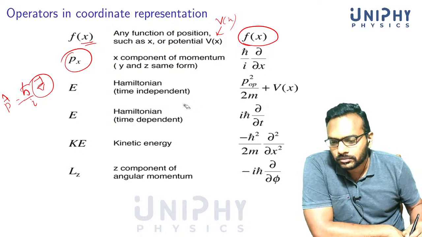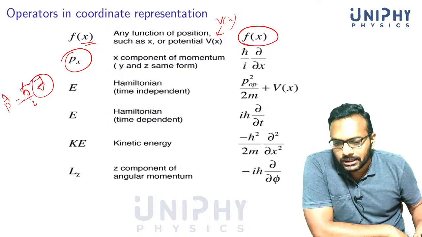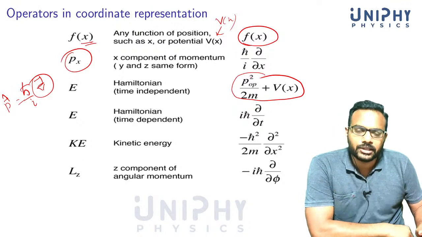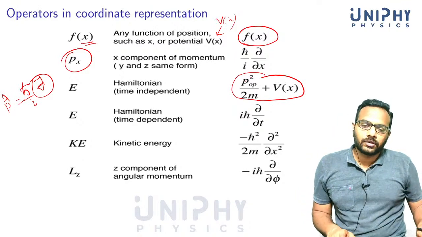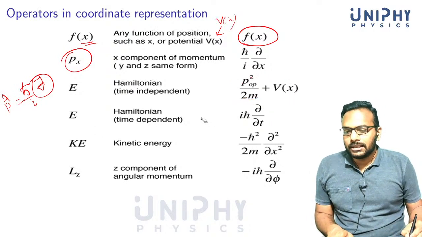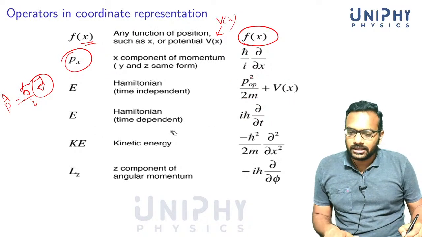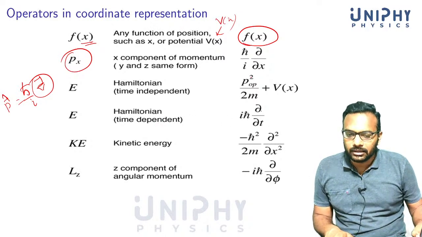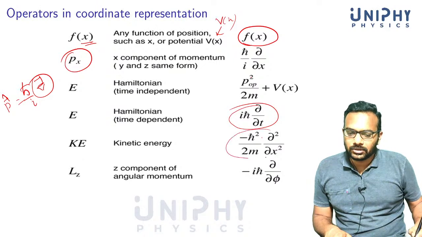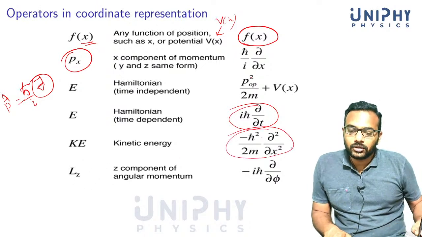And the Hamiltonian in the case of time independent is p square by 2m plus V of x. We know that p square by 2m is the usual expression for kinetic energy. If it's time dependent, we'll also write it like this. Kinetic energy, that's p square by 2m, and z component of angular momentum.